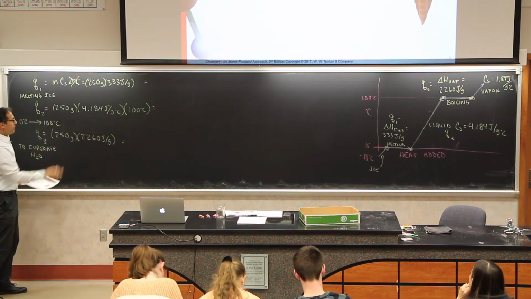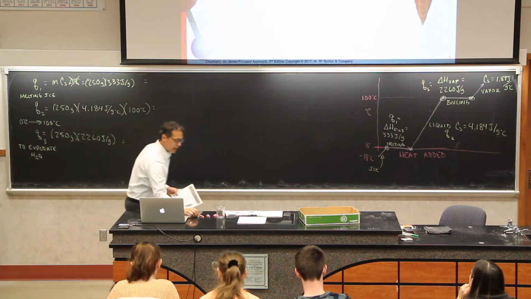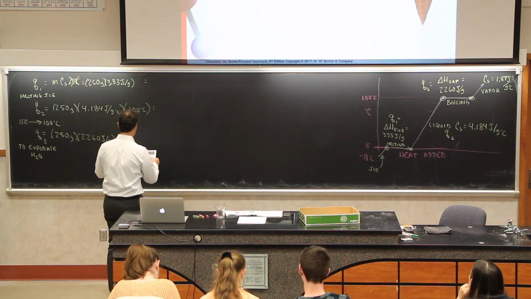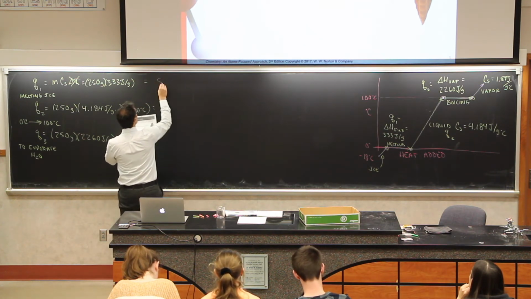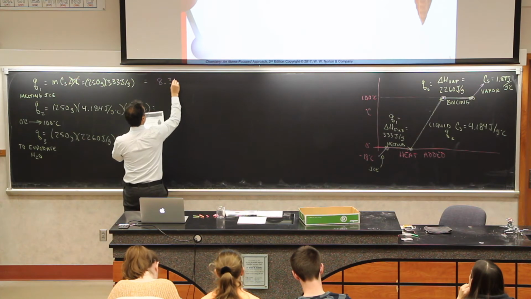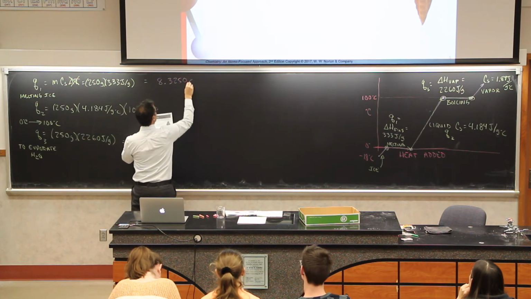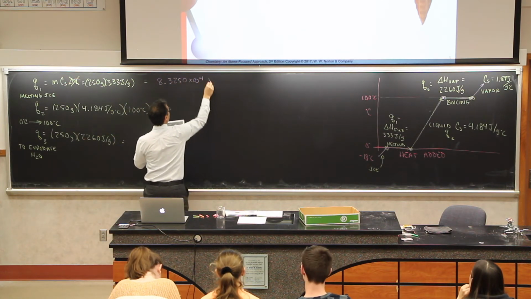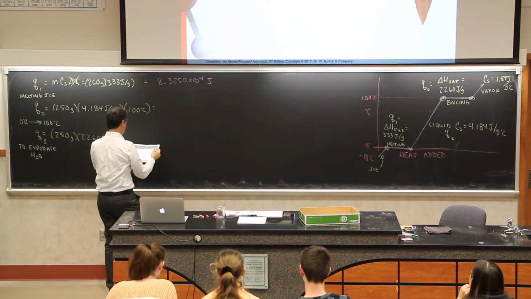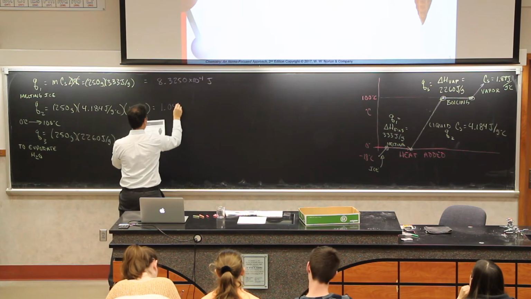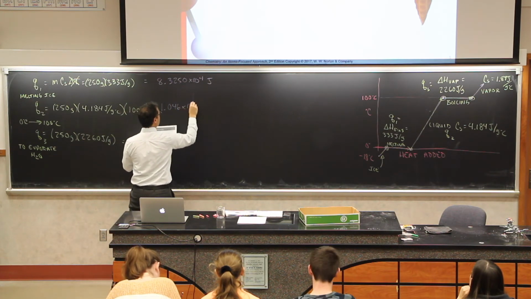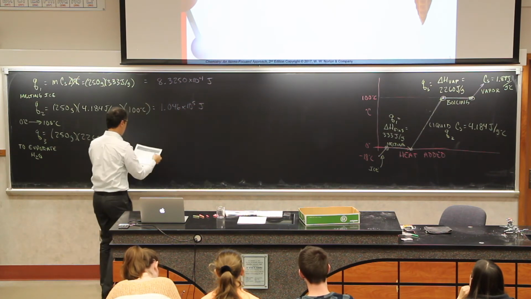All right, so then I do some math, and I'll get some numbers here. And let's see, I ended up here with, I think it was 8.3250 times 10 to the fourth joules. And in this one, I have 1.046 times 10 to the fifth joules.